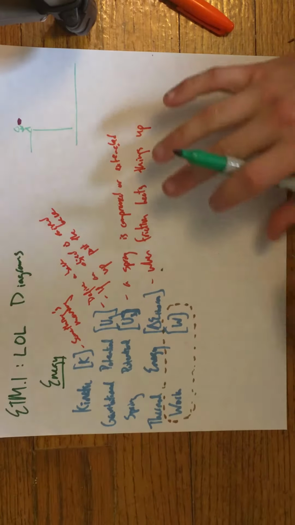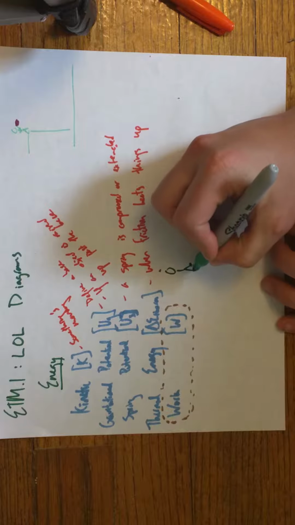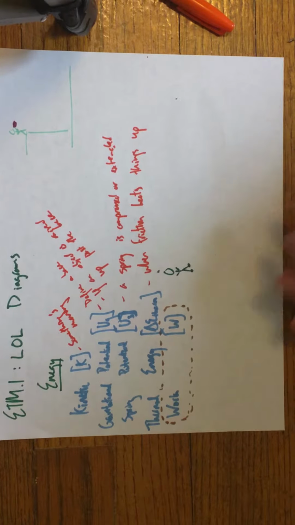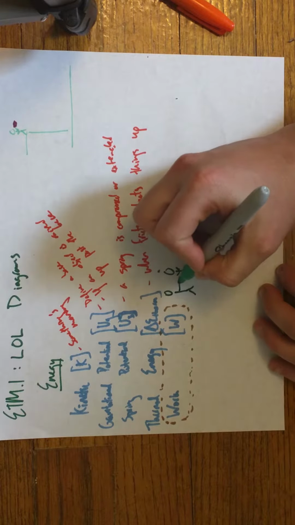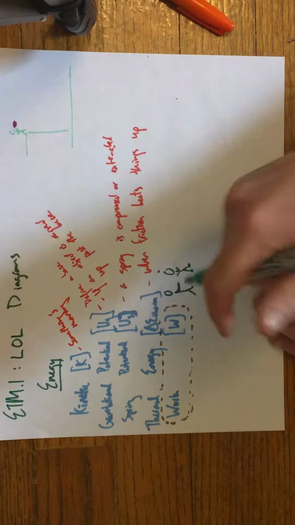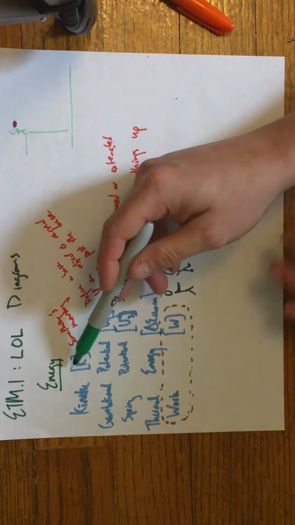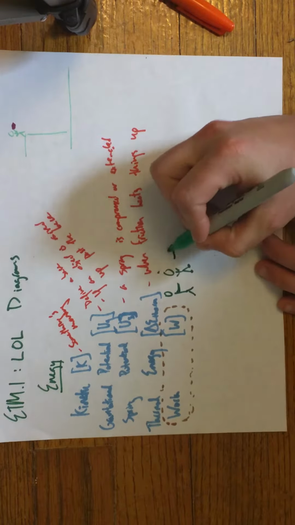For instance, if someone's on roller skates and they're totally still, their kinetic energy is 0. But if you come up behind them and give them a big push, you apply work, the energy changes. You increase the kinetic energy of this person on roller skates, and now they're going to move forward.